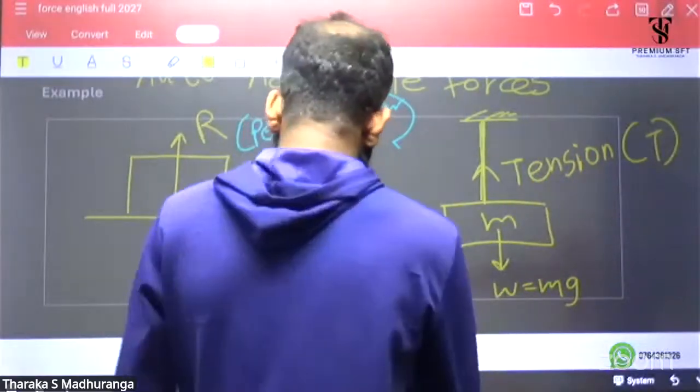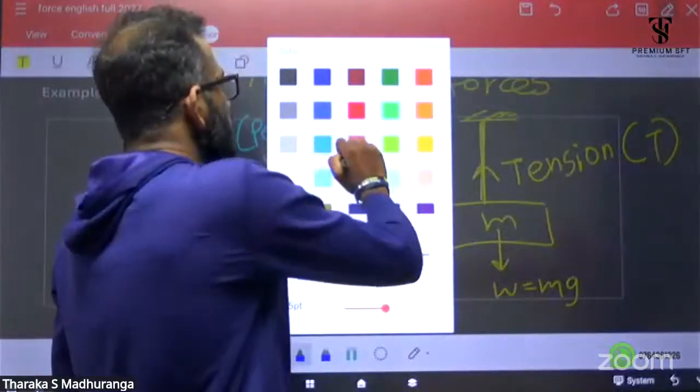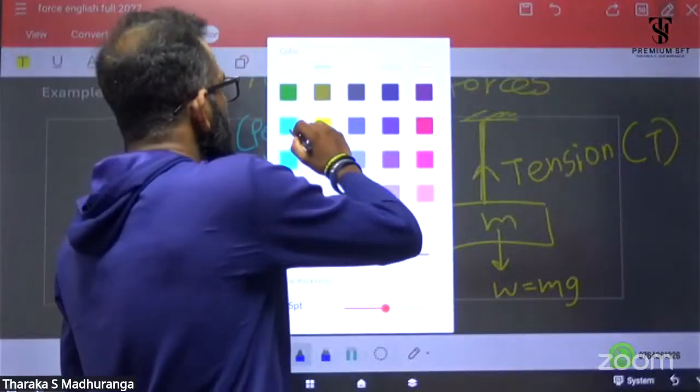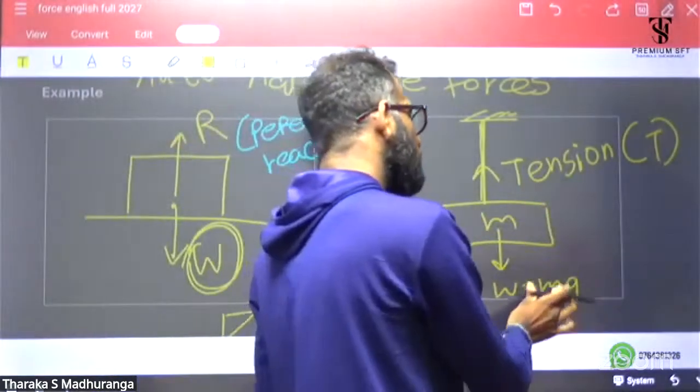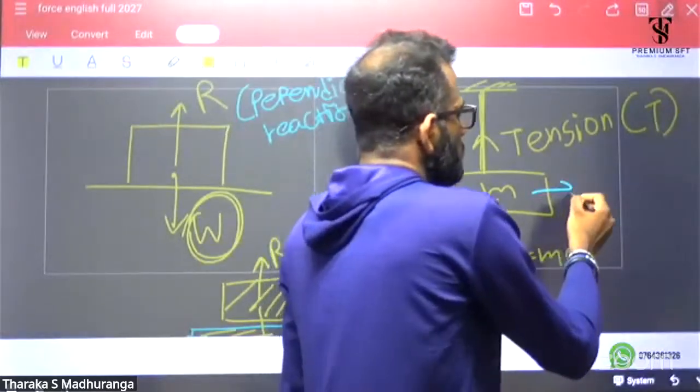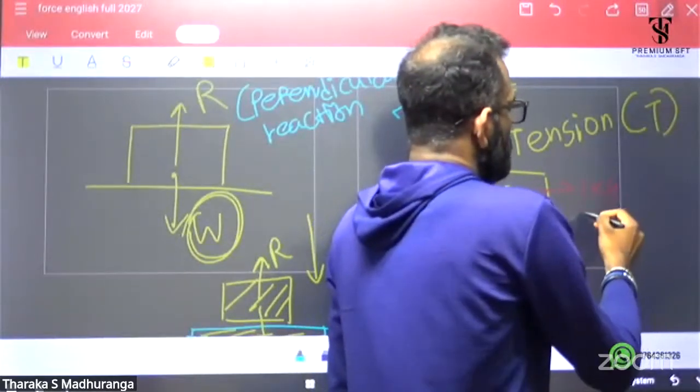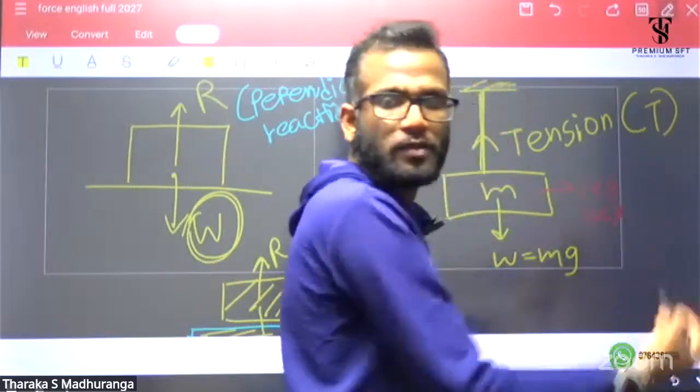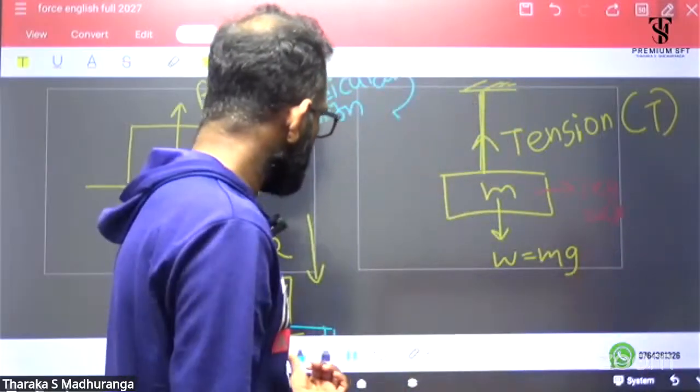Now think, if you gradually increase the weight, now it is 1 kilogram, 2 kilogram, 5 kilogram, and gradually increasing.